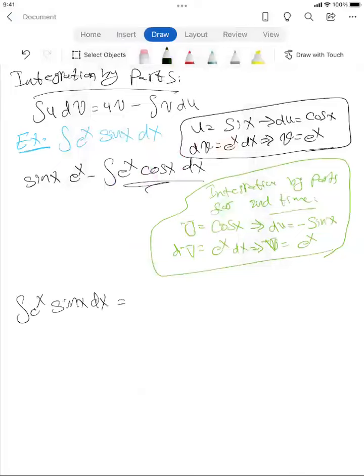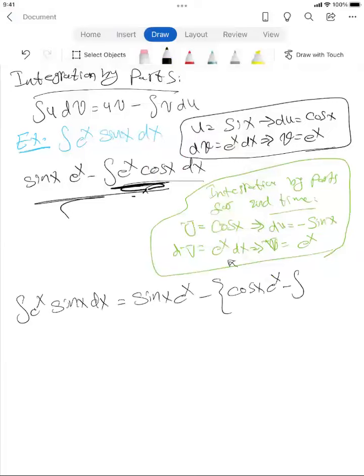So far it is sine of x e to the x minus, in this integration, e to the x cosine of x, I need to utilize integration by parts, which is u and v, e to the x cosine of x, minus integral of v, and du is negative sine of x here, which makes this one sine of x dx.